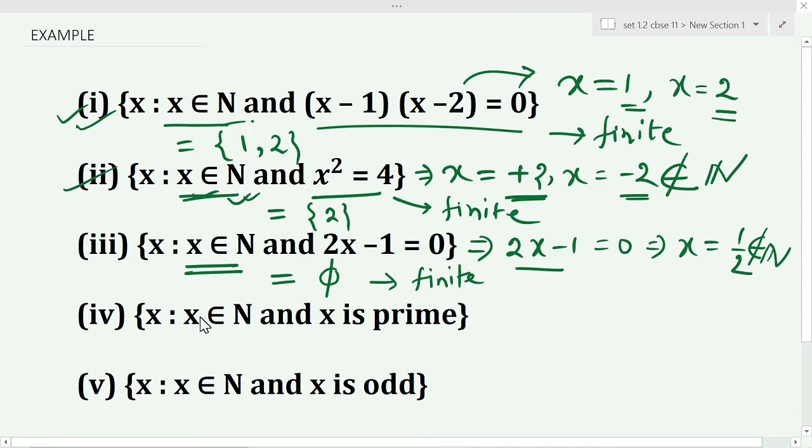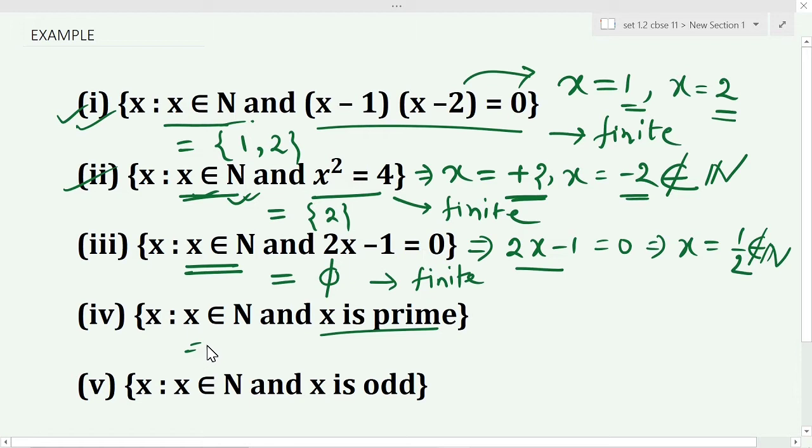Now example 4, x such that x belongs to natural number and x is prime. X is a natural number, x is prime.